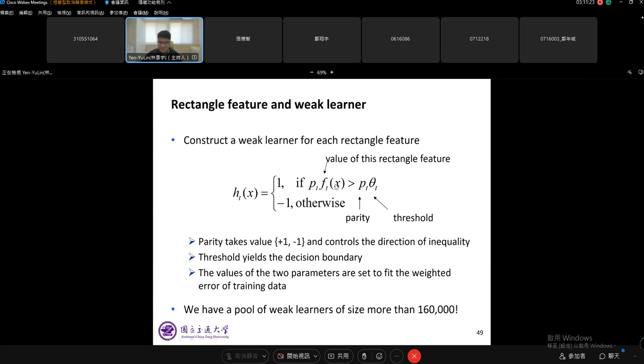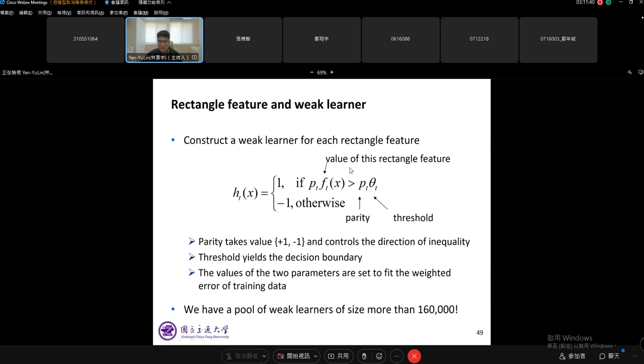Given a sub-window of resolution 24 by 24 as the input, the rectangle feature will project this window into a one-dimensional response.